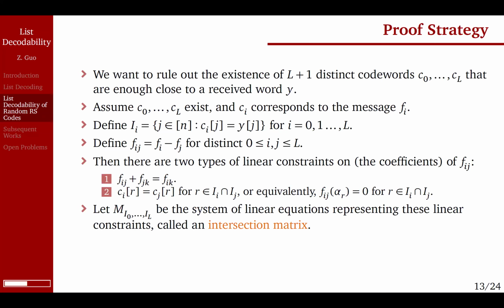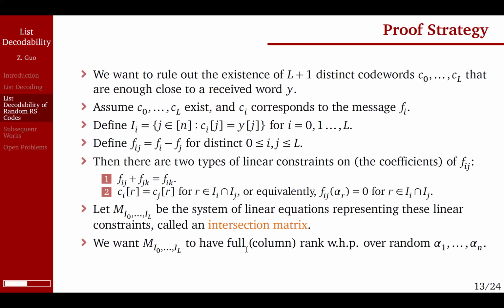They form a matrix, and this matrix represents all the linear equations in the Fij. This is what the paper calls the intersection matrix. The idea is that I want to show this matrix has full column rank with high probability over the random choice of the vector alpha.